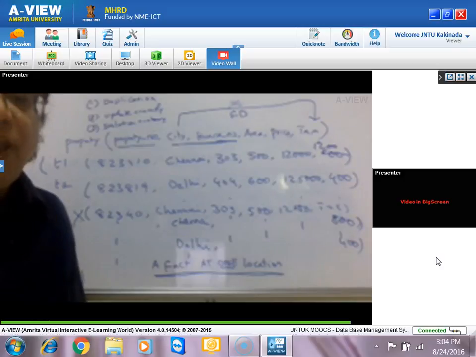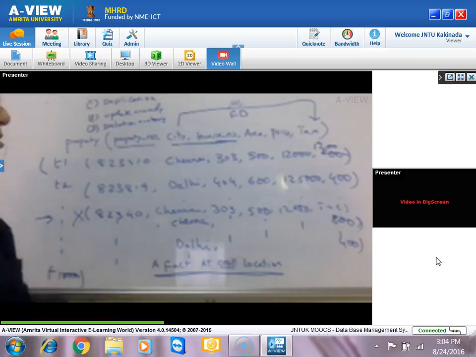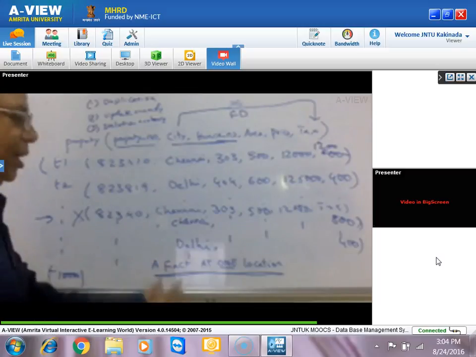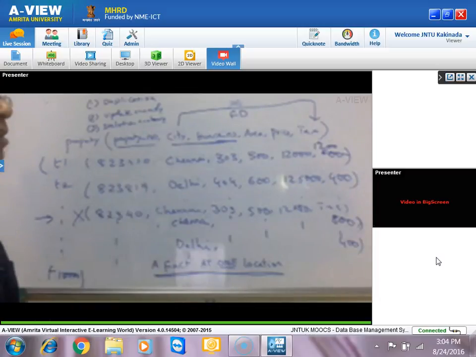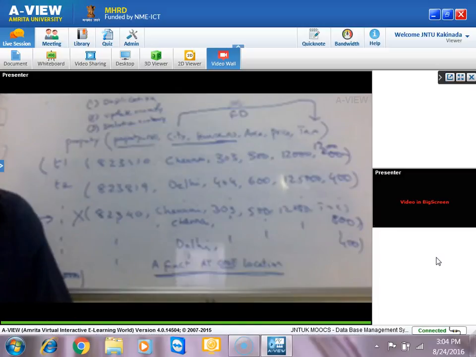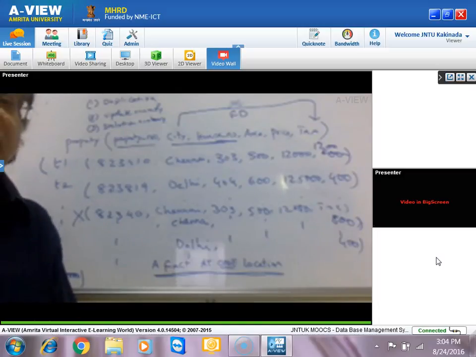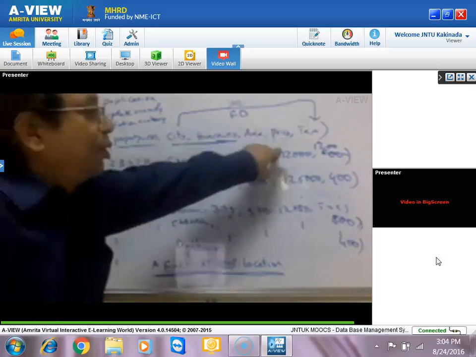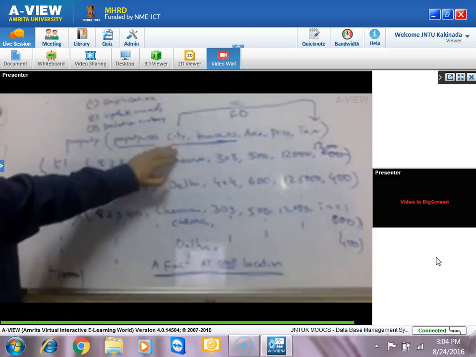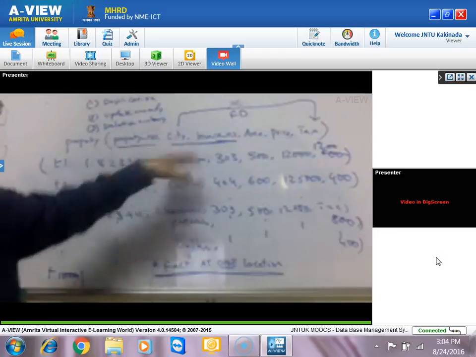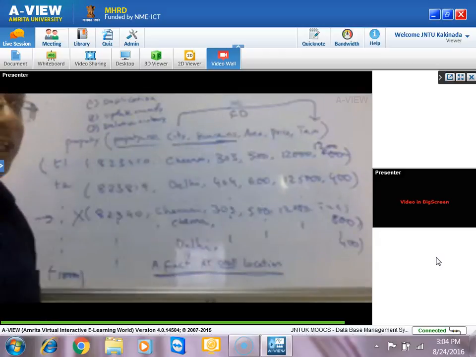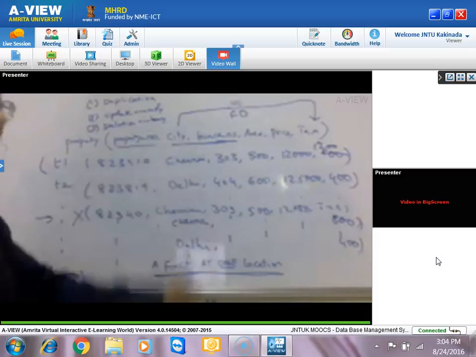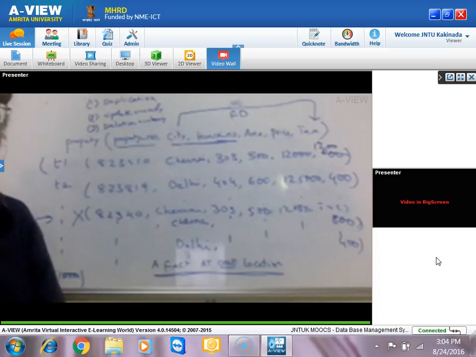We are ensuring that if any functional dependency is reflected as a key, the fact is stored once. Here, city to tax: if city is not the key in this relationship, as you can see, city is getting repeated. Chanda is getting repeated.